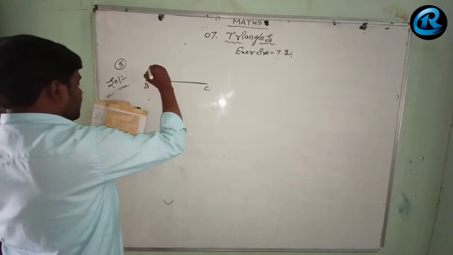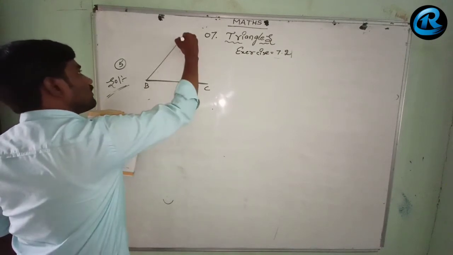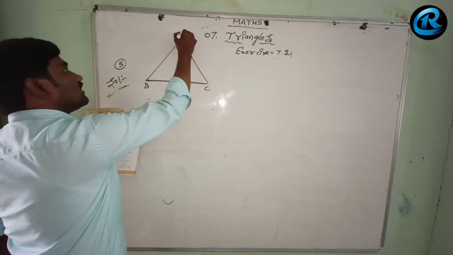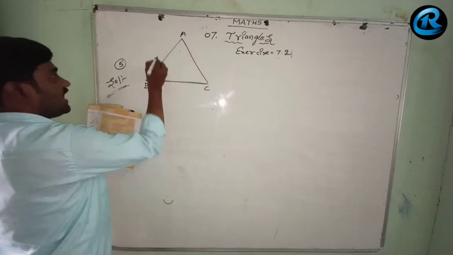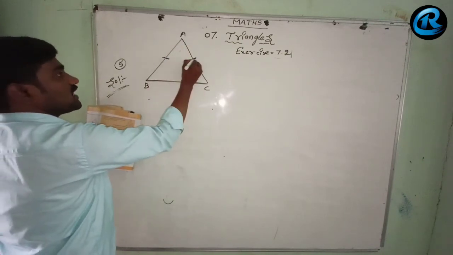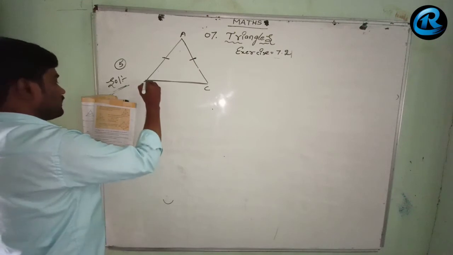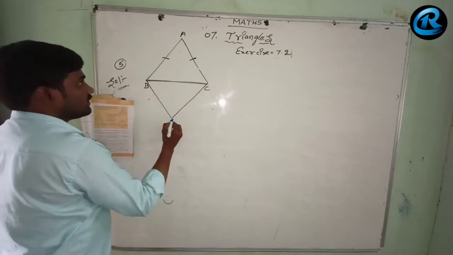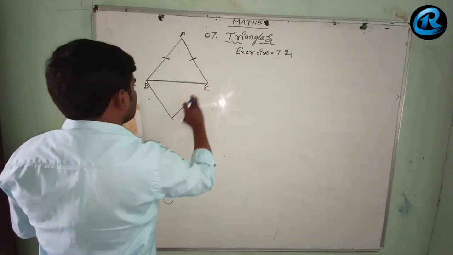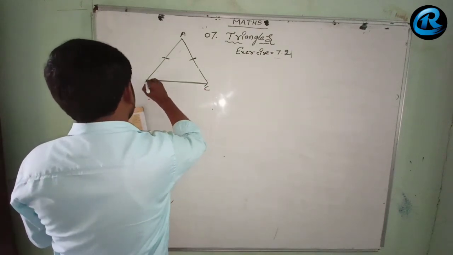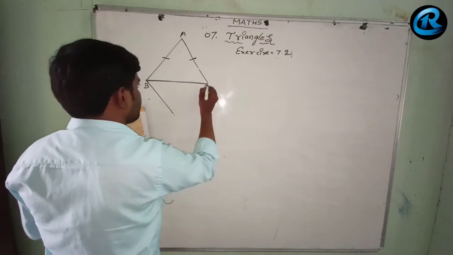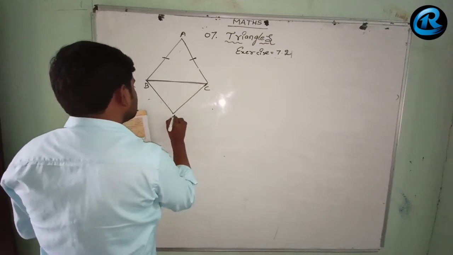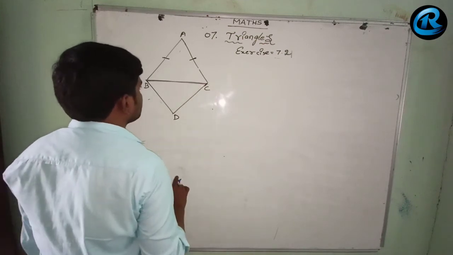So there is a triangle ABC. It is the isosceles triangle. Note these two sides are equal. And DBC, there is one more triangle here, D. This is D suppose.